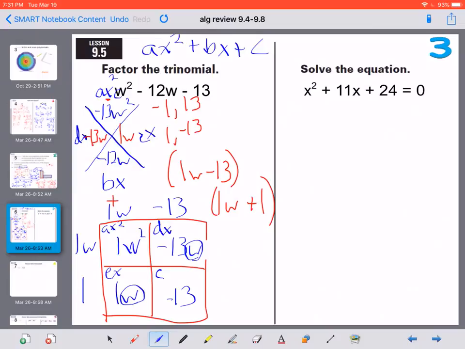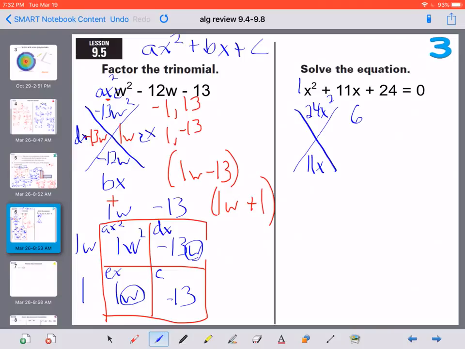Next one, we have to solve the equation. So the first thing we got to do is factor this so we can solve it. So I'm going to draw a diamond. A is 1, so 1 times 24 is going to be 24x squared. Then B is 11x. Now look at my factors of 24.